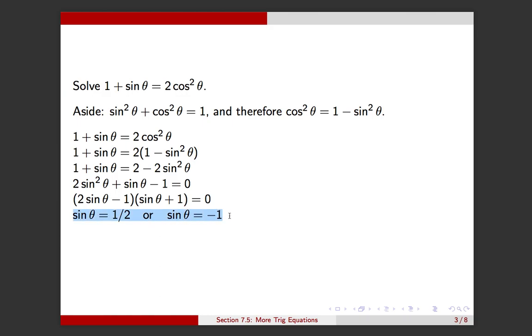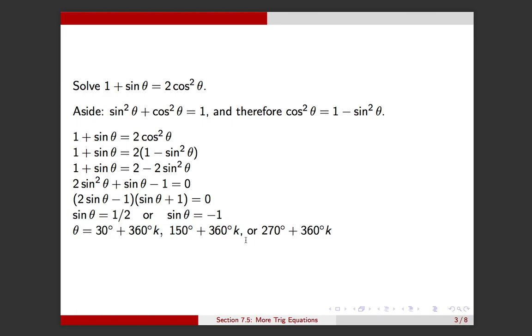Either of these equations, these are the most basic trig equations, the kinds of things we started with in section 7.4, so I can just solve them individually. Where is sine 1/2? At these kinds of angles, 30 degrees or 150 degrees, plus a full rotation. Where is sine of theta equal to negative 1?